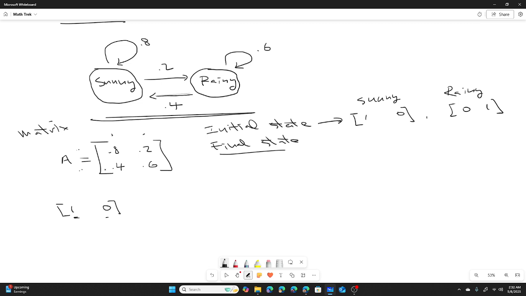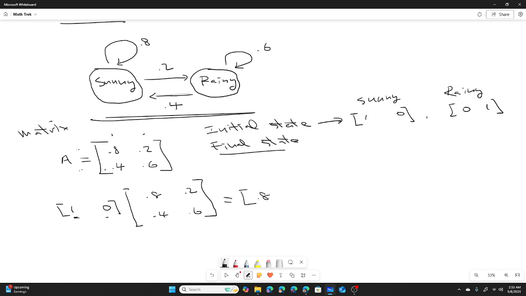Then it's going to be 1, 0, times the matrix 0.8, 0.2, 0.4, 0.6, and then we do this computation. It's going to be 0.8.